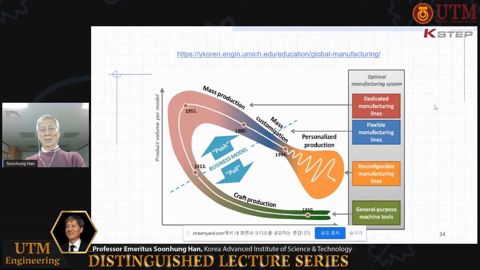Now, things are changing these days. In the 1980s and 1994, they began calling it mass customization or personalized production. Personalized production means one by one or contract design. Very similar to a ship or a building. For the Petronas Twin Tower, there is no mass production of that building, right?